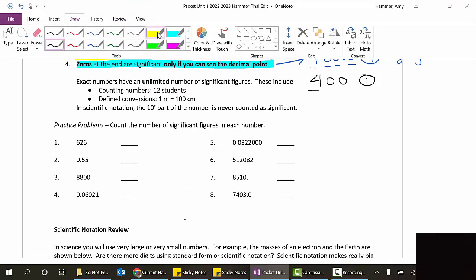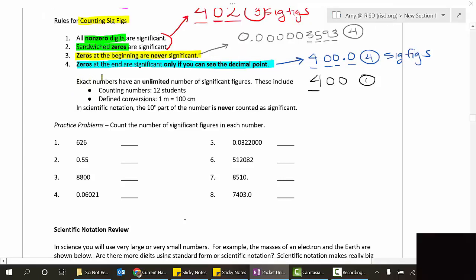This section doesn't affect how you count the sig figs, but it is worth noting that exact numbers have an unlimited number of sig figs, and we don't say that it even has sig figs because it's not measured. So for instance, if I counted 12 students, I don't mean like 12, because I mean 12 students. You count a number of people and you know it exactly.